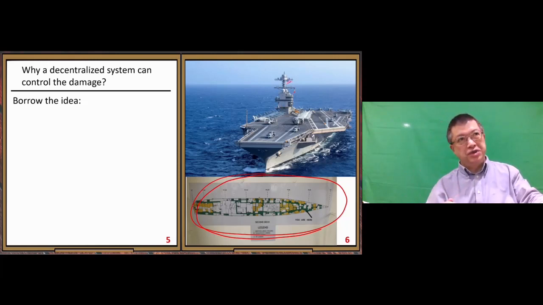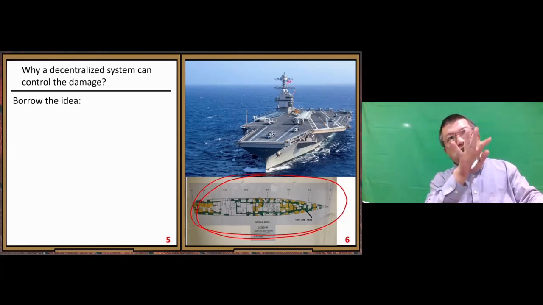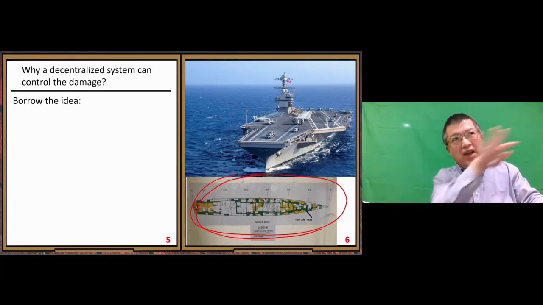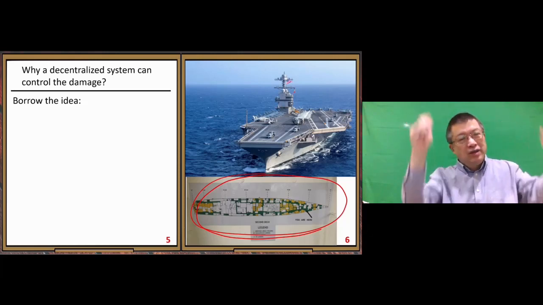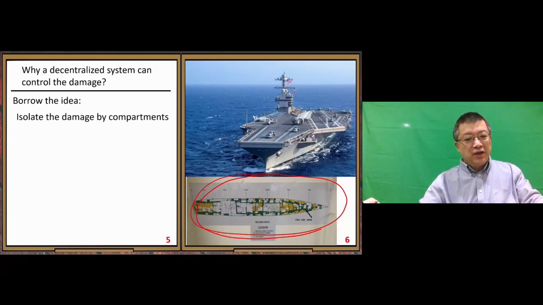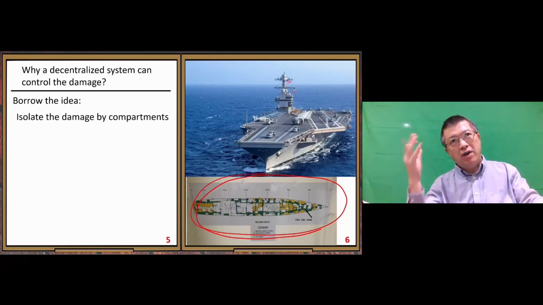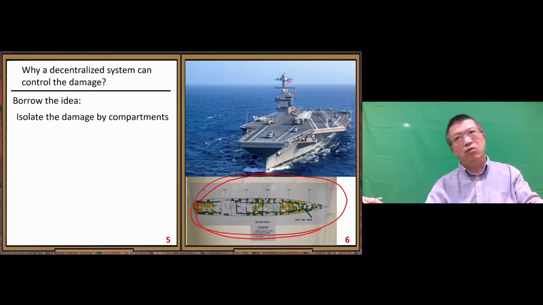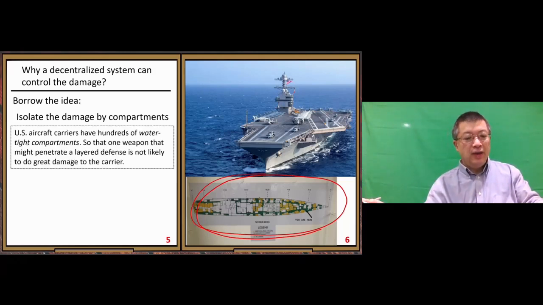Those compartments are used to decentralize, breaking the space of that aircraft carrier into many small regions, to isolate the damage. So if one compartment breaks, the other compartments can still work fine. This kind of simple idea we can use in our internet. Similar idea.